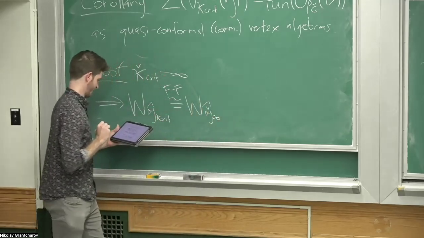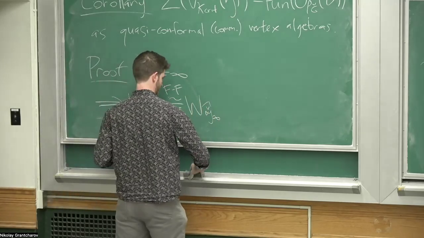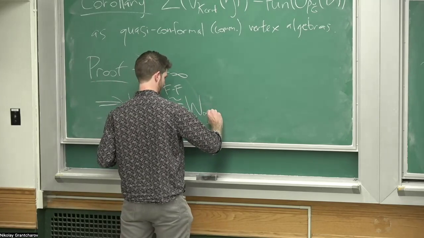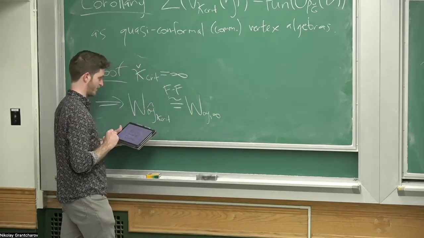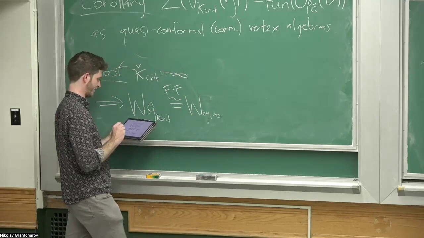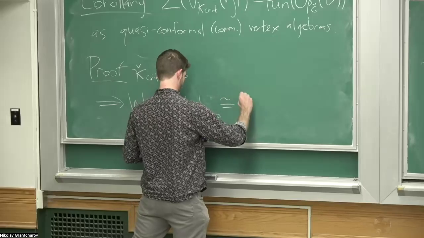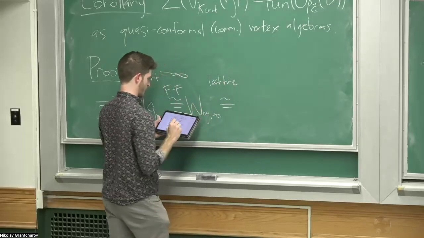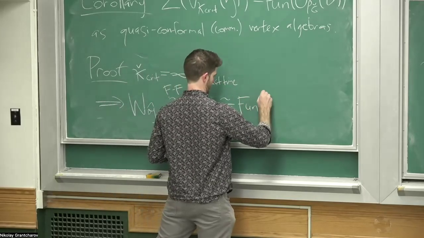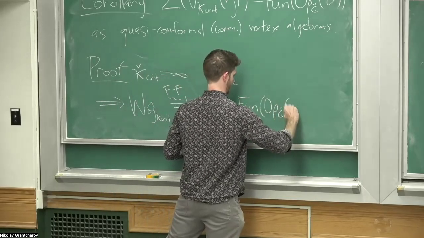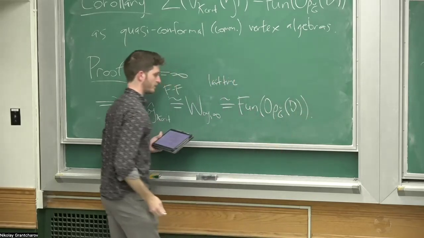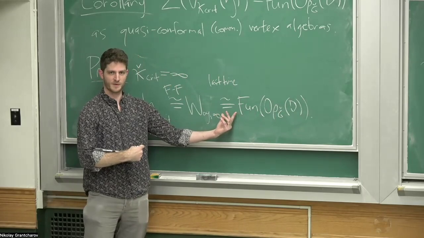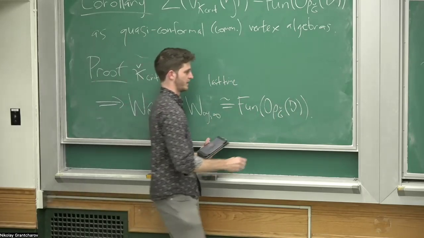Okay, this looks okay. So probably this is just totally goofy. Maybe I should write it instead like this: it's the W algebra at level infinity, and Kevin explained last time that this is functions on opers. This looks kind of familiar from last time, and so I think this makes sense.